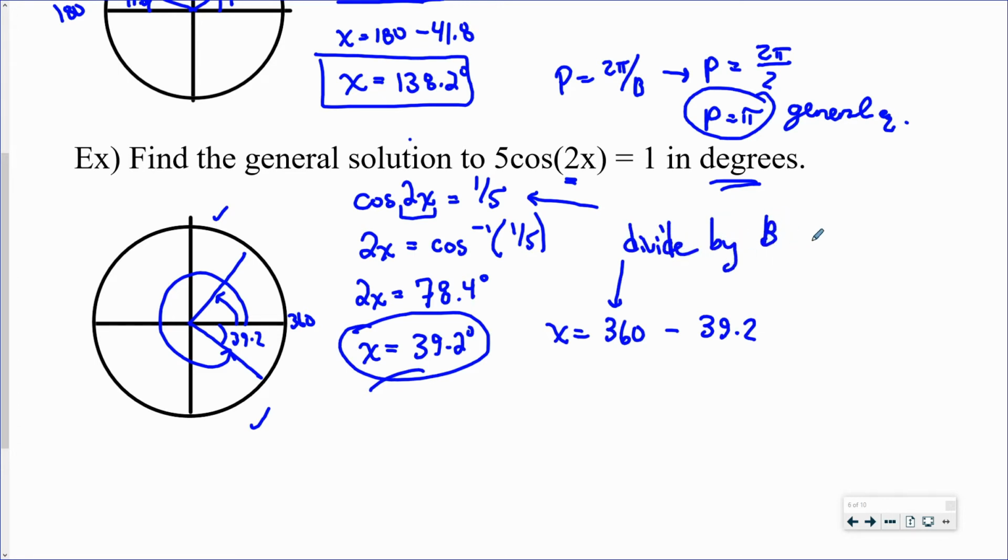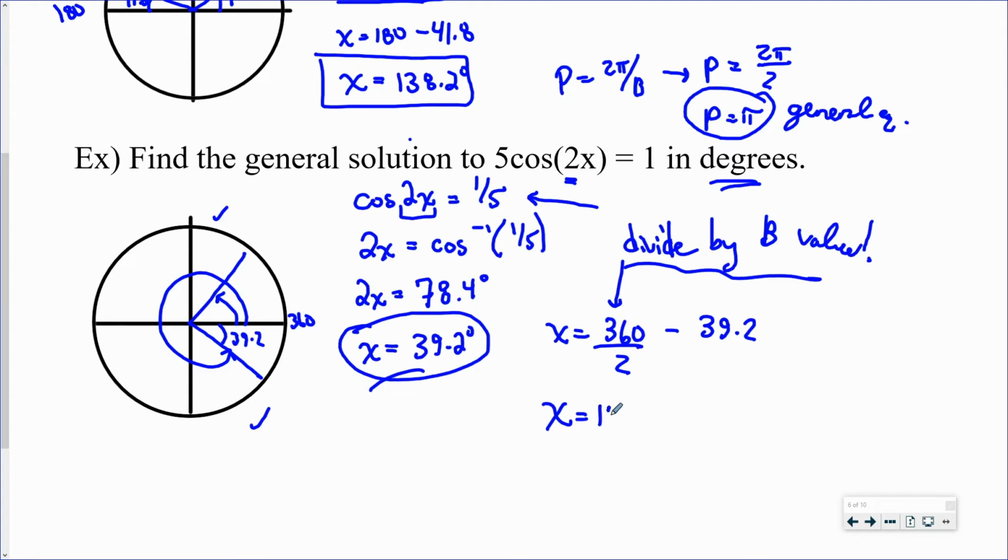Sorry, not the period, but by the b value. So you have to remember to do that step in any question where the b value is not 1. I'm not dividing the reference angle by the b value because that already happened over here.